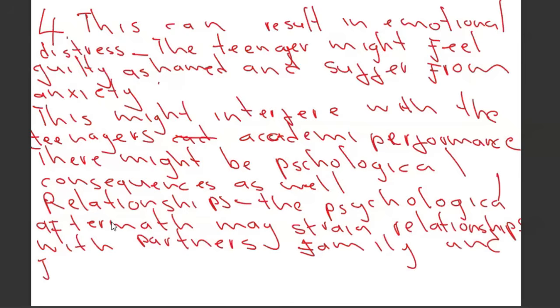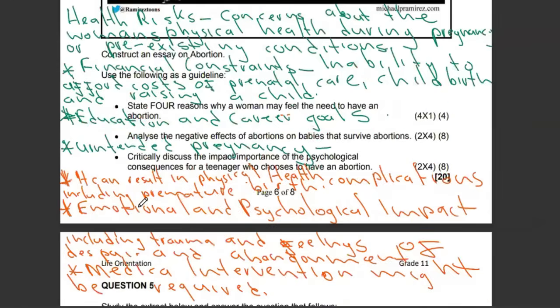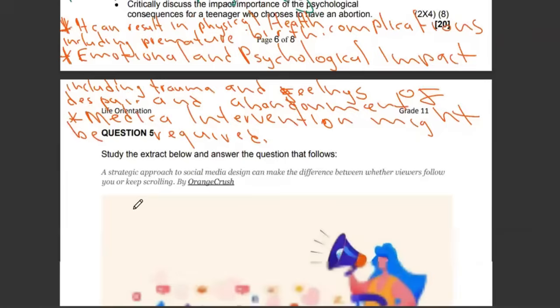So it might affect the person's relationship with partners, family, as well as friends. So these are all the things which you need to consider for that particular question, which is the last bullet of question 4. Now, moving on to question 5.